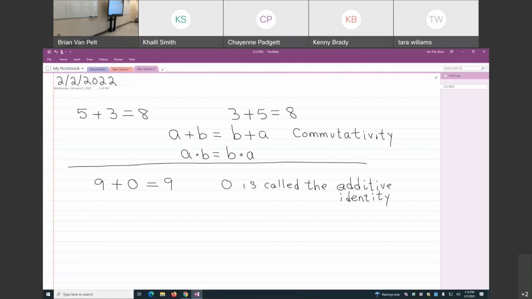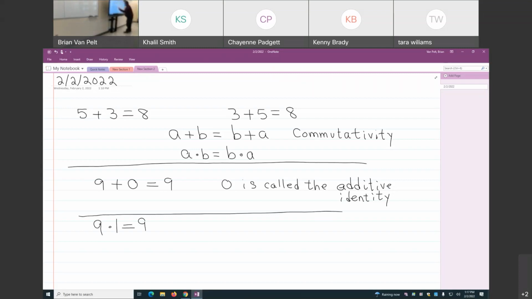So basically, when you take 0 and add it to something, you get the same answer you had before, right? Can you think of something similar in terms of multiplication? What do you multiply by and it does nothing? 1. So multiplication's version is 1. If I have 9 times 1, that's equal to 9 also.